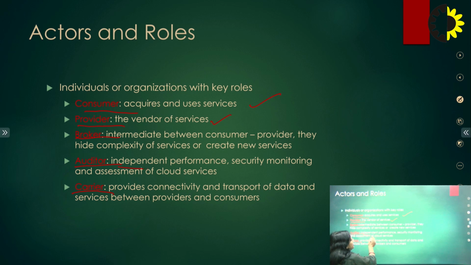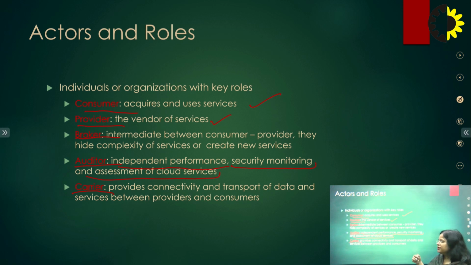The auditor independently performs checks on the services to see whether they conform with the expectations or the promises given to the consumers, and it assesses the cloud services. The carrier provides the connectivity and transport of data and services between the providers and consumers.